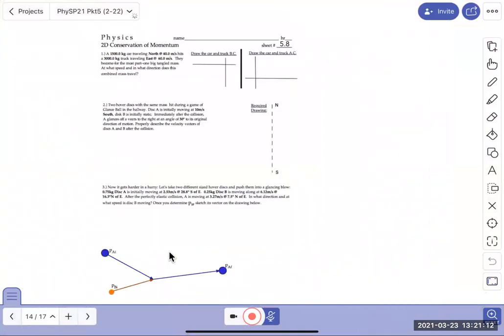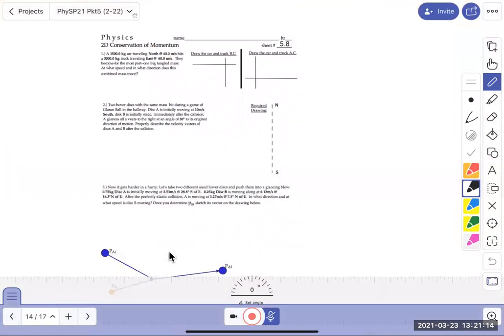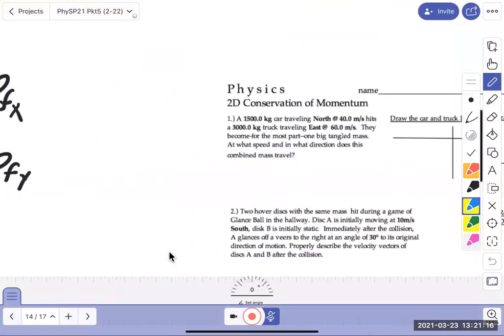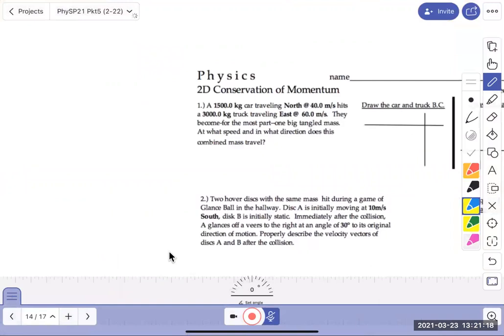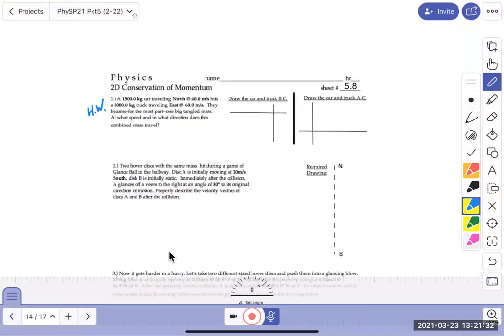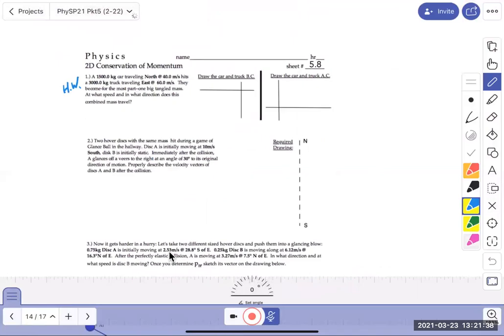Now let's go to today's topic. The homework for today is the easiest one on the sheet. For them, it's for 2 dynos. But for you, to keep up with the pace of the class, you want to do that tonight. I don't have a help video on it. I do on some of these, but not on number 1.